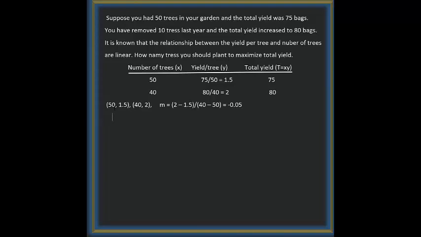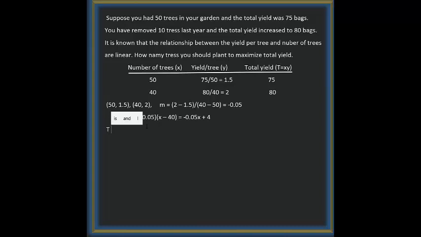So if you find the equation of your yield with number of trees, so I'm using lowercase y as I have defined my variables. So this one will be, now you can take this point 40, 2. So first you write y coordinate 2 plus your slope, which is negative 0.05, and then you have x minus 40. That's your x coordinate.